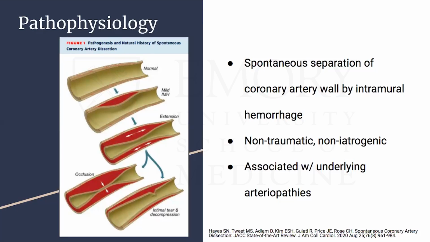It can be associated with underlying arteriopathies, and we'll talk about some of these associated conditions a little bit later, but the key is having this hematoma that develops within the tunica media, separating the intima or intimal medial complex from the underlying vessel. And this intramural hemorrhage is actually what causes compression of the true lumen, and compression of the true lumen results in coronary obstruction and ischemia.